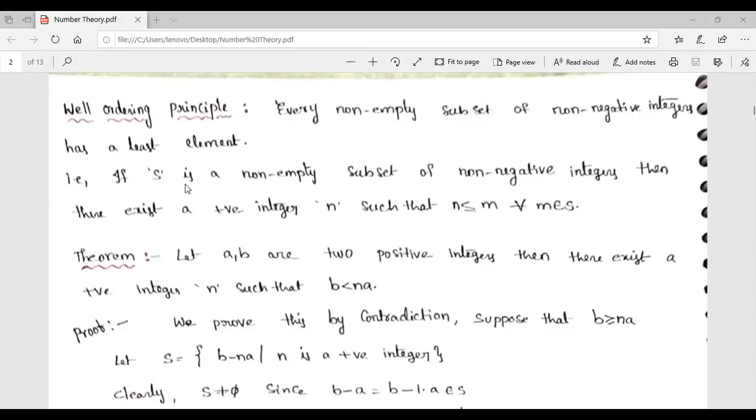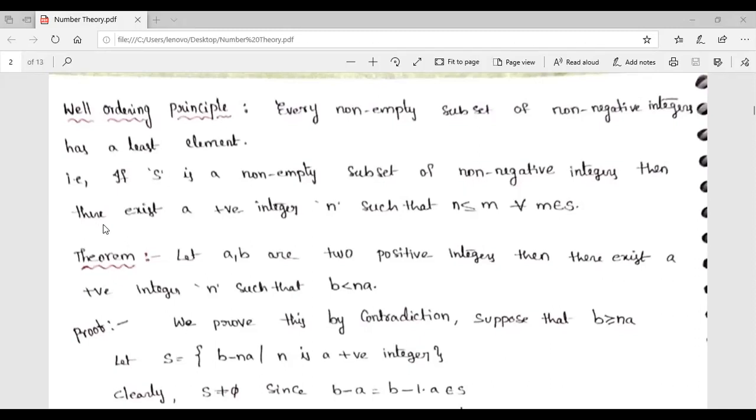Okay. If S is a non-empty subset of non-negative integers, then there exists a positive integer n such that the condition is n less than or equal to m for all m belongs to S. So here S is a non-empty subset of the non-negative integer set.